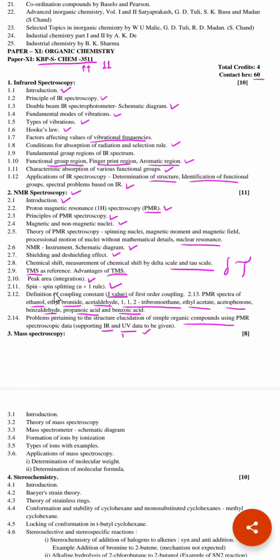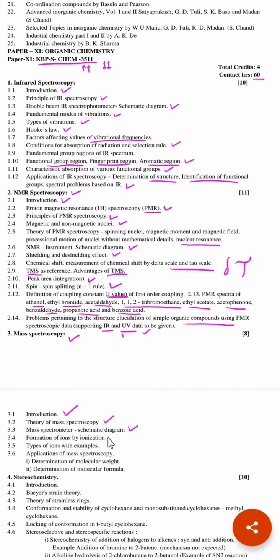After studying the IR and NMR spectroscopy, we will move to mass spectroscopy. And in this mass spectroscopy, after seeing the introduction, we will see the theory of mass spectroscopy and the schematic diagram of the mass spectrometer.